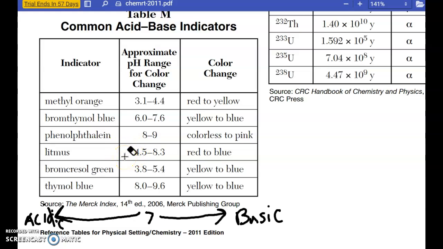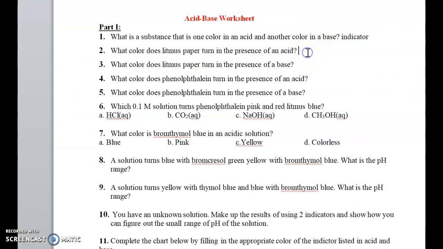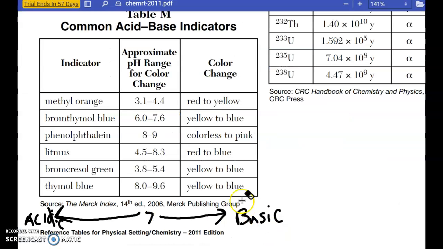So in an acidic solution, it's going to be red. What color does litmus paper turn in the presence of a base? If you are looking to use litmus paper, it has to be above 8.3. And then what color will it be? It will be blue.